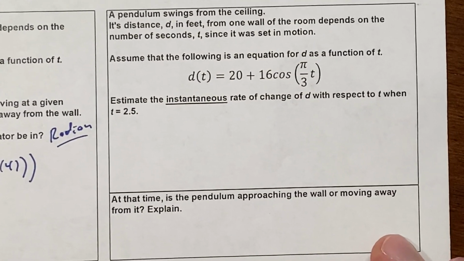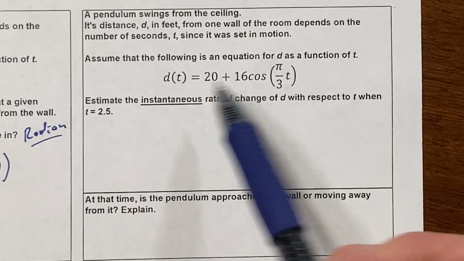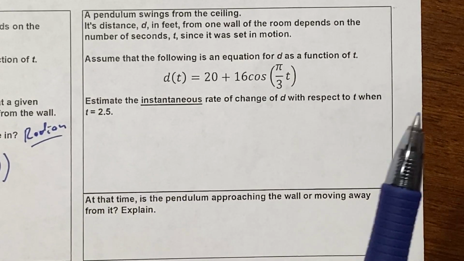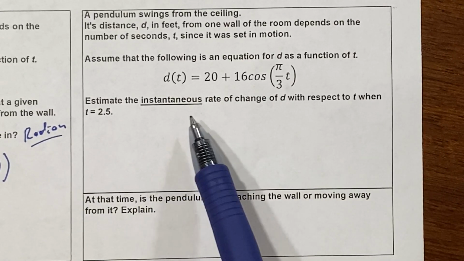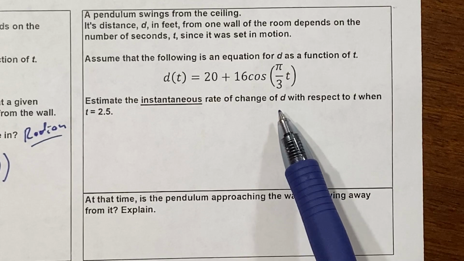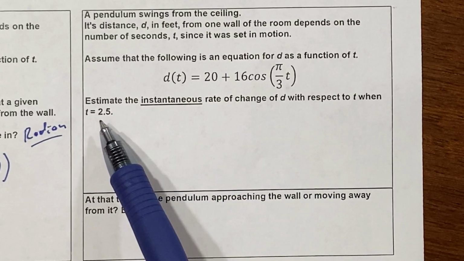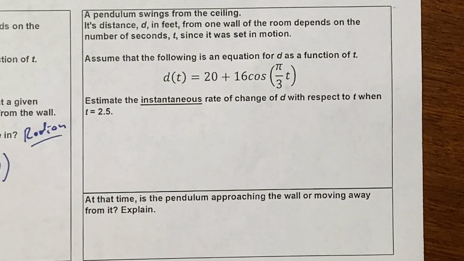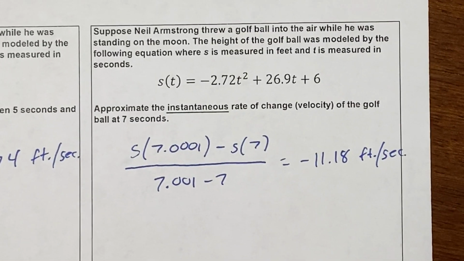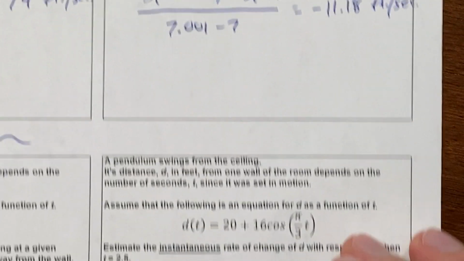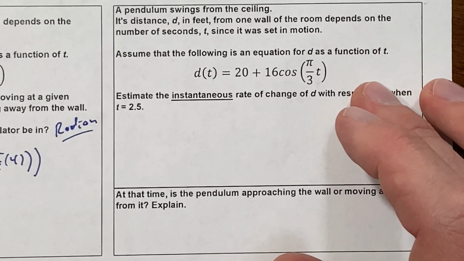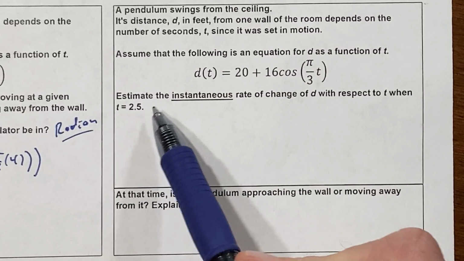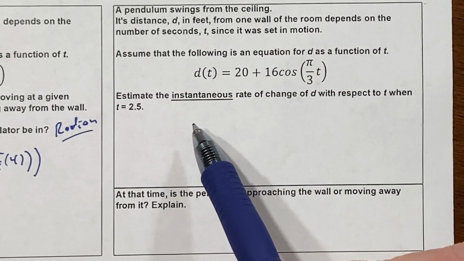So we still have the same function, and we're looking for an estimate of an instantaneous rate of change at t equals 2.5. So instantaneous rate of change, same kind of deal up here with my boy Neil and his golf ball on the moon. We got to choose two numbers that are really, really close together to estimate the instantaneous rate of change.